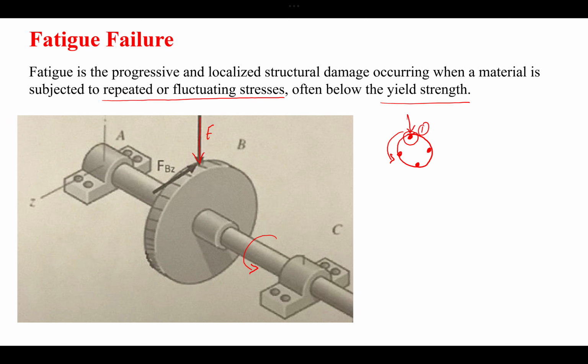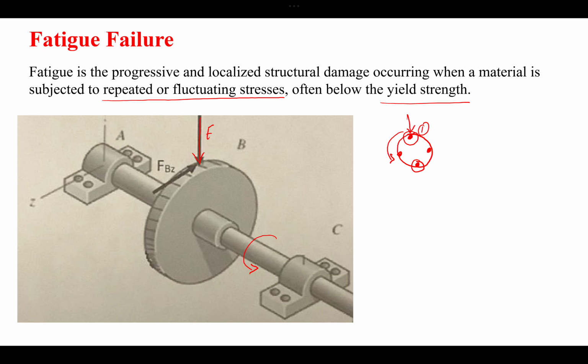So what happens is that you have applied a force on point 1, and then after a certain time you apply the force again on it, and then after a certain time the force is applied again on it. Similarly, when this point 1 comes at this point, okay, so it is now below this point, so that would mean that now your force applied is totally opposite.